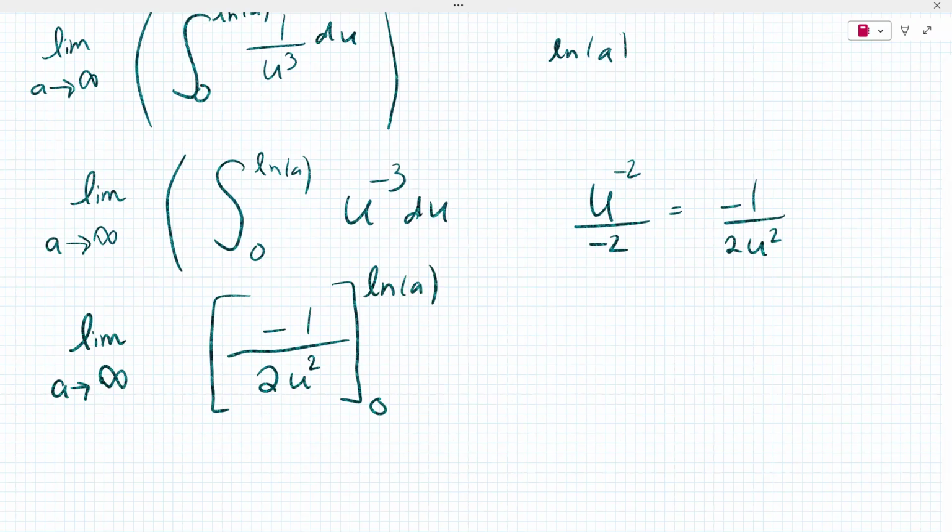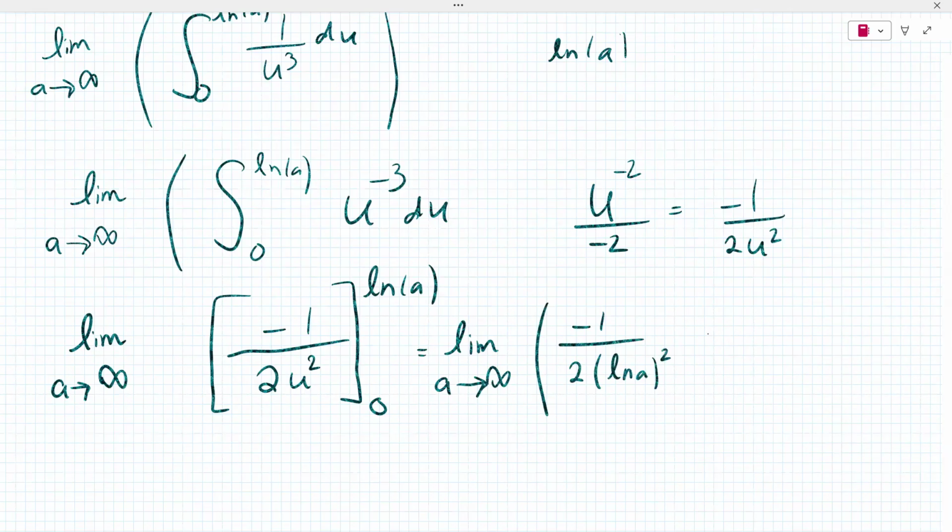Then that equals the limit as a approaches infinity, and you just apply your upper minus your lower. So it's going to be negative 1 over 2 times ln of a squared, minus the lower boundary, which would be 1 over 2 times 0 squared.